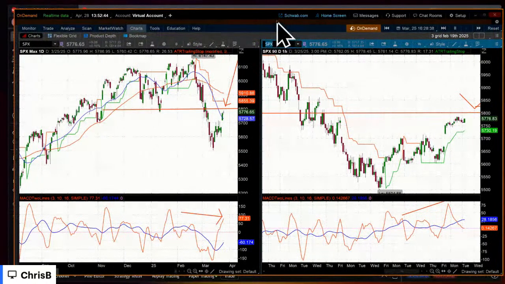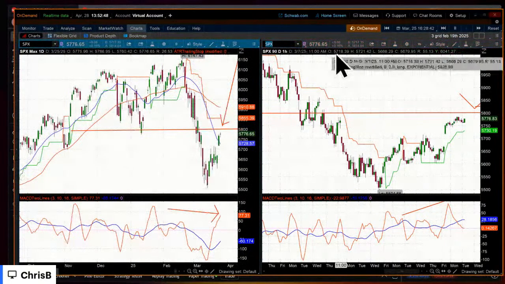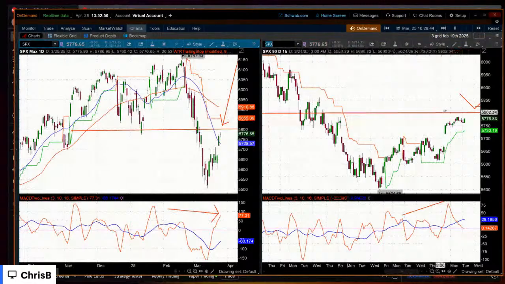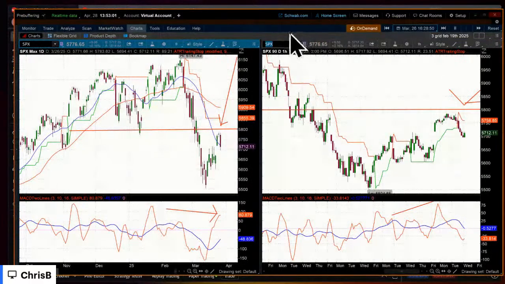Now you see where it was on that day. It closed there. You might say, why was it a doji? Because it opened and closed about the same place. Now let's go to the next day, and you see what happened.